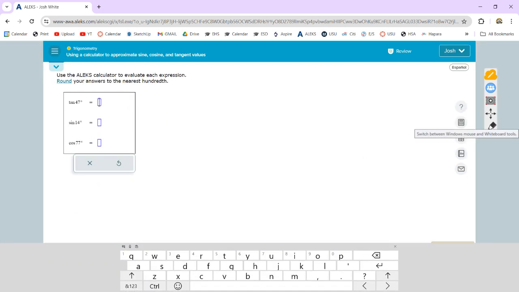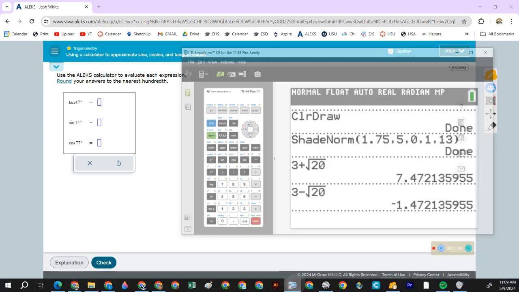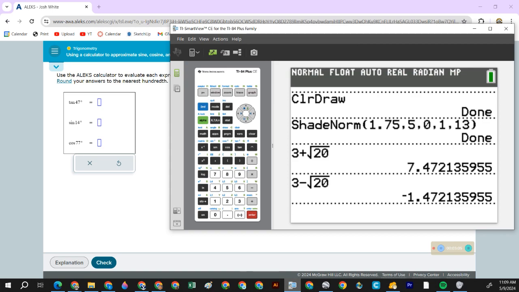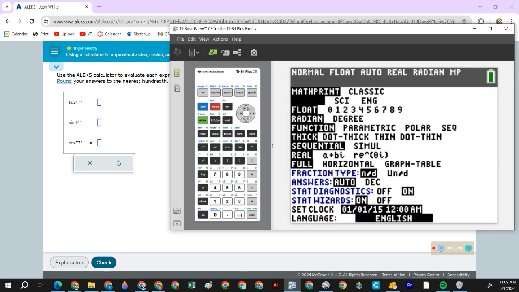Okay. Here we want to find the values. So I pull up my calculator, and I need to make sure that I'm in degrees. If you have one of these calculators and you push mode, we need to go down to degrees. If you have one of the blue calculators, it should say DEG at the bottom.